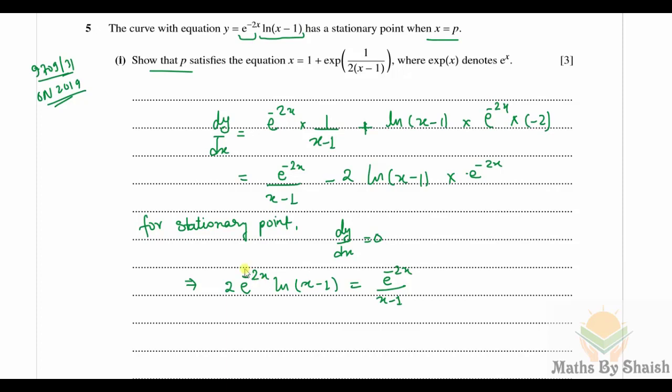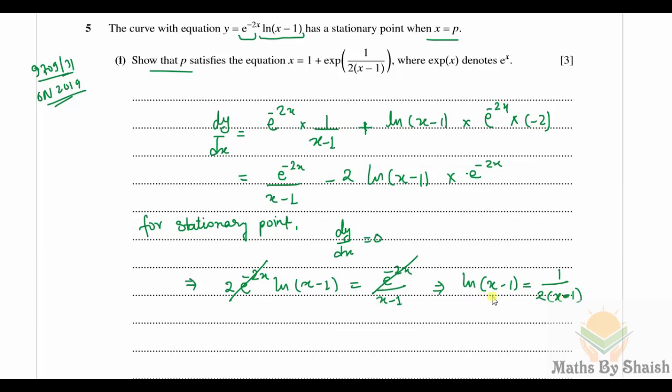Now we know it's an exponential function, so it will never be 0, so we can cancel these two, and we will be left with only ln x minus 1 is equal to 1 upon 2 times x minus 1.